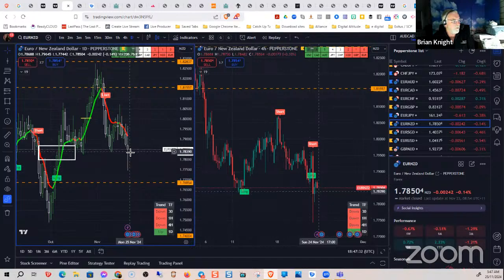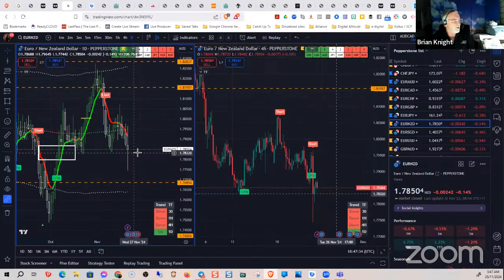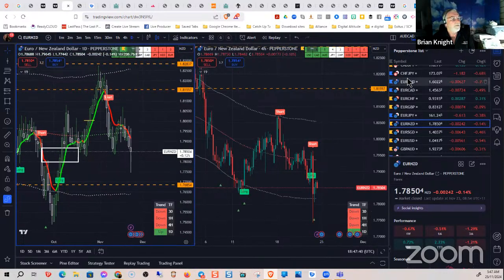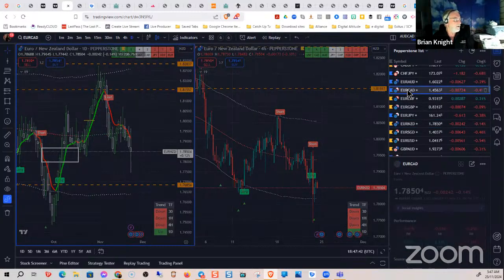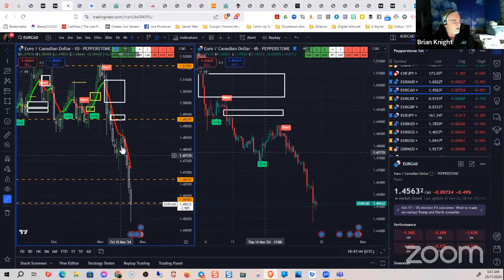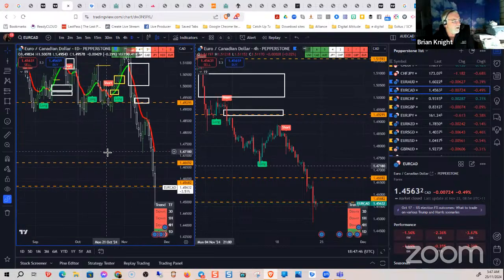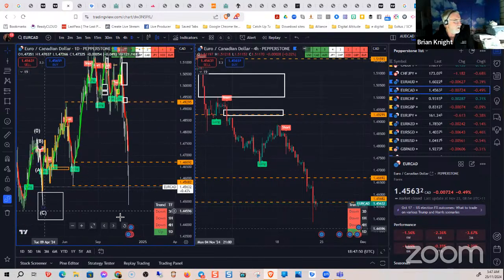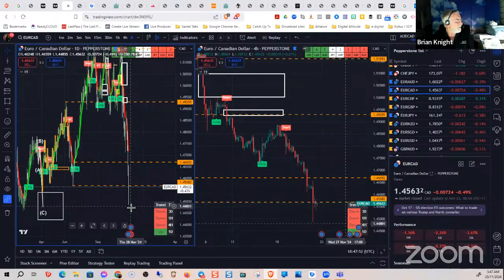But it did suck back up again. Like there was a push, but it's just come back. I mean, it's not as if it really continued hard. For the Euro AUD, Euro CAD, see how the CAD strength has really pushed that back down so much. Look at it here. Made it down here.